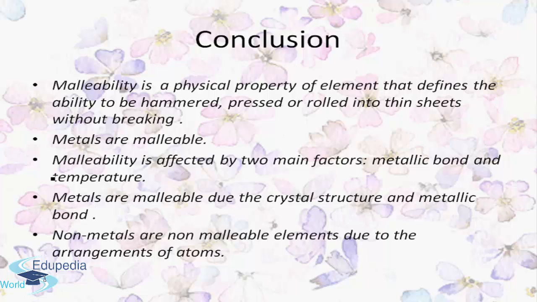We also discussed that metals are malleable due to their crystalline structure and the metallic bond. And we also conclude that non-metals are non-malleable elements due to the arrangement of atoms. As for the way the atoms are arranged, if solids, they are brittle, that is, they break or shatter on hammering. For example, coal, sulfur, and phosphorus are very brittle in nature.